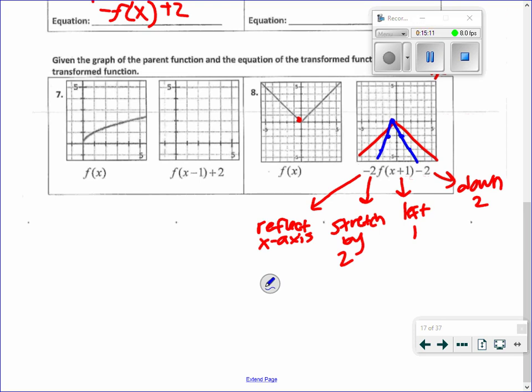You don't have to, if you can do it all in one step, that's great. I'm just doing this to show you guys the progression. And then we'll also have to go left 1. So think about this minimum point, we'll go left 1, and then we also go down 2. So then this green one is my final.